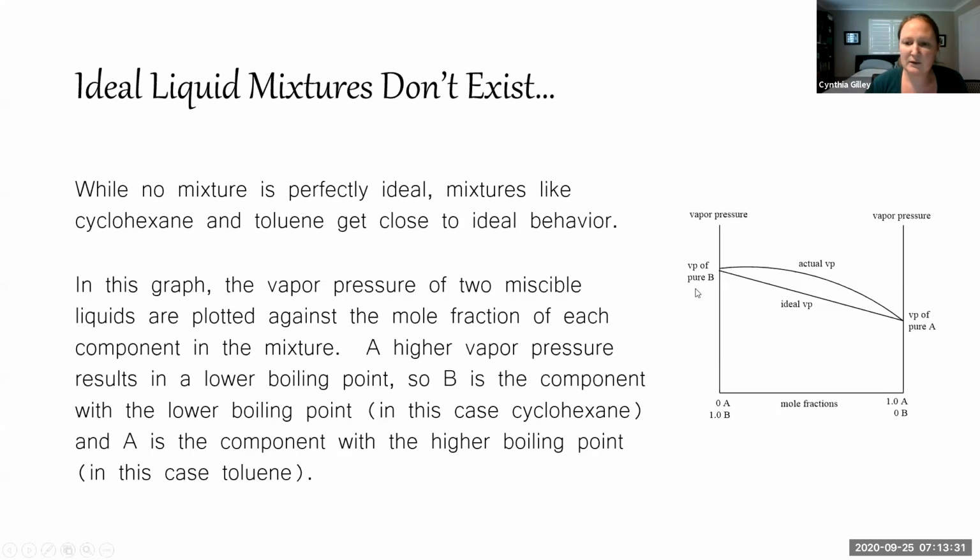But let's say the vapor pressure of B is the one that has the higher vapor pressure, so that's going to be the one with the weaker intermolecular forces between them. So the B to B intermolecular forces are weaker than the A to A intermolecular forces. As a result, it's much easier for B to evaporate into the gas phase, or there'll be a higher proportion of molecules that have enough energy to enter the gas phase at any given temperature, and the vapor pressure above the liquid will be higher.